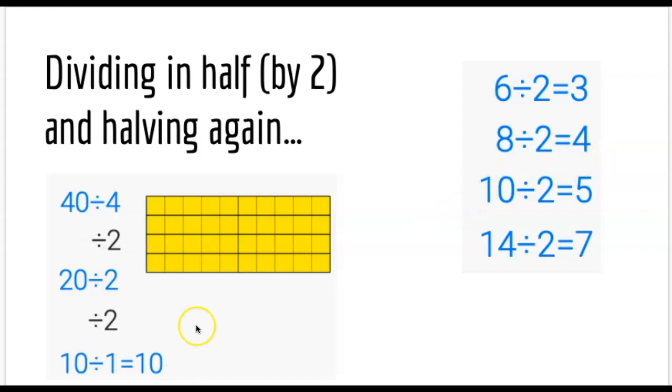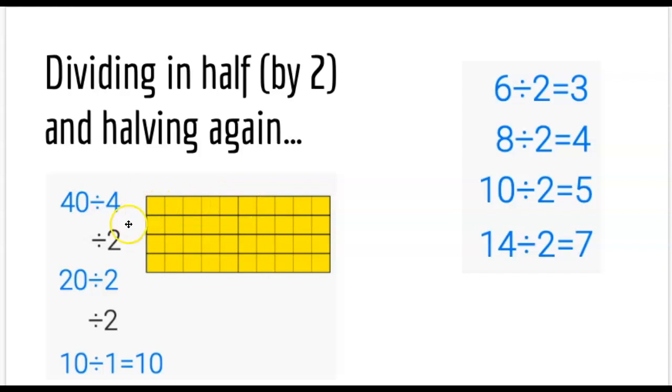Another interesting thing about division is if we reduce or divide both our dividend and our divisor by the same number, we can make a simpler division problem. So for instance, in this case, if we have 40 divided by 4, so here we have 40 divided into 4 rows, we know that there's going to be 10 in each row.